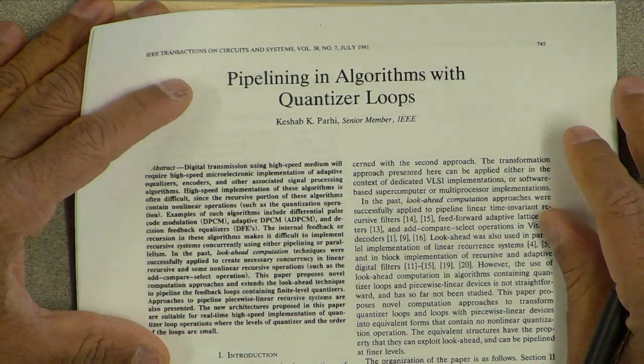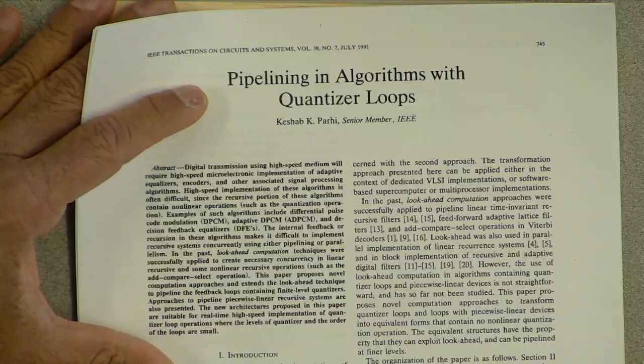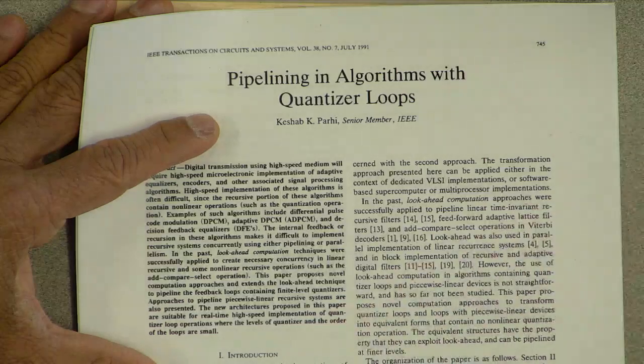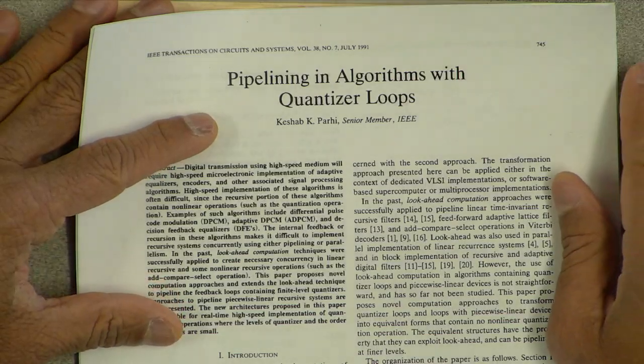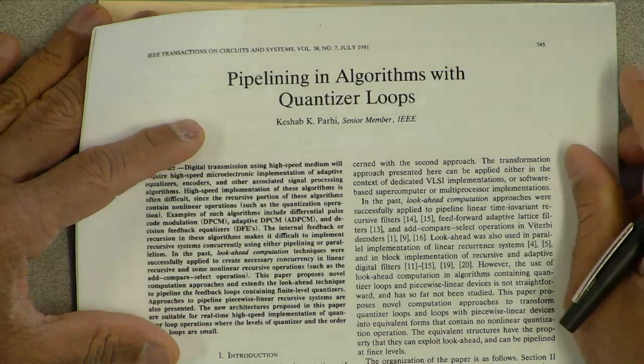How do we apply look ahead to pipeline or parallelize recursive loops that have non-linear operations? There are a number of DSP algorithms, particularly adaptive filters, that have non-linear operations inside the feedback loop.